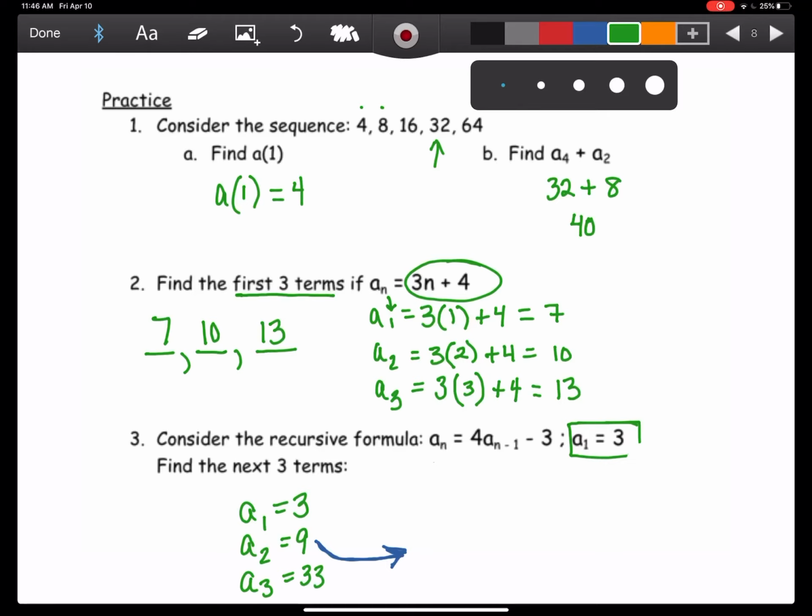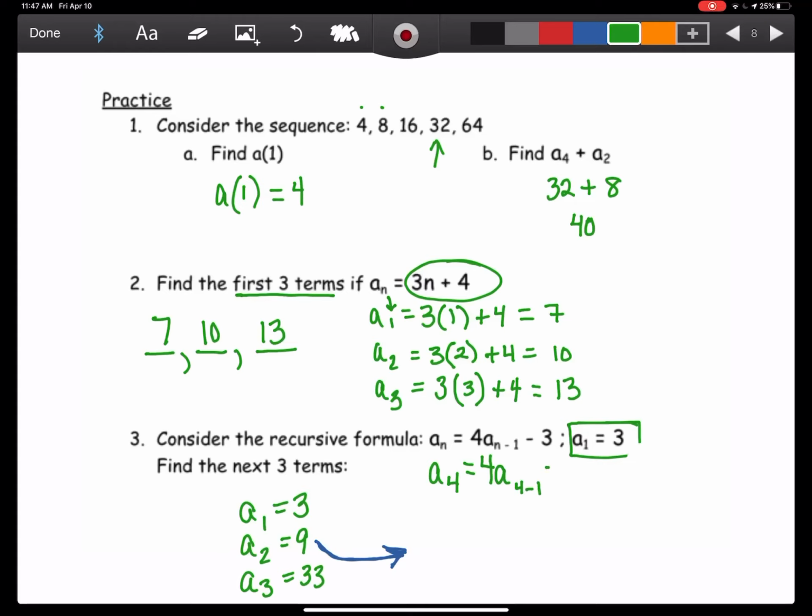Okay. A sub 4 is my final term that I'm asked to find. 4 times a sub 4 minus 1 minus 3. Keep working. A sub 4 is equal to 4 times a sub 3 minus 3.